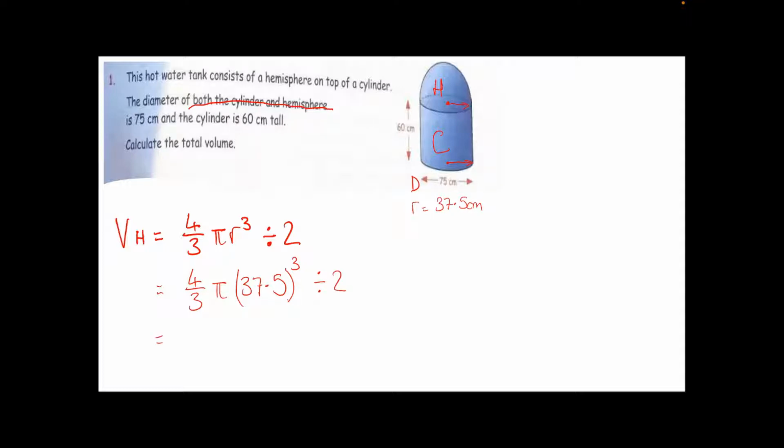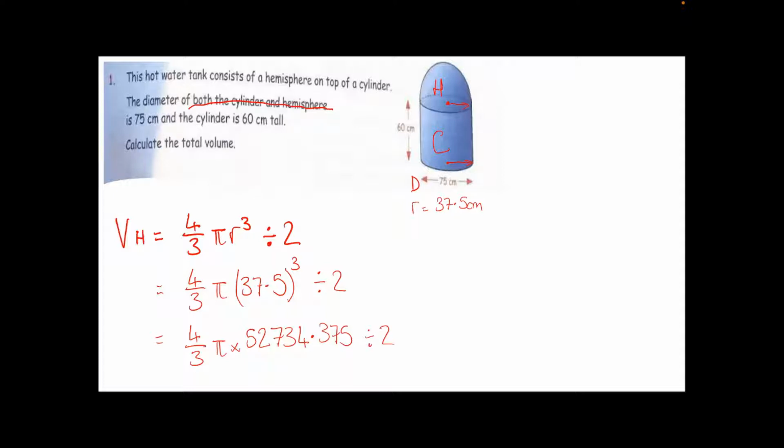So the first thing I would do is my 37.5 cubed in my calculator. So 4/3 pi, and then that's becoming 52,734.375, and then we are dividing that by 2.